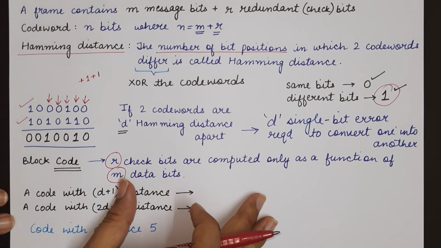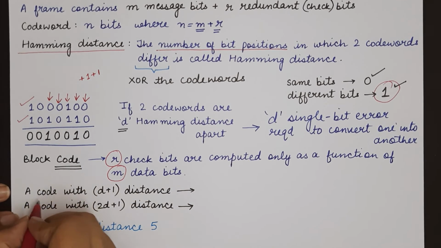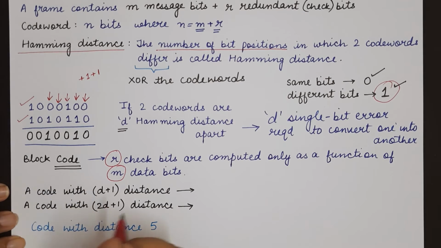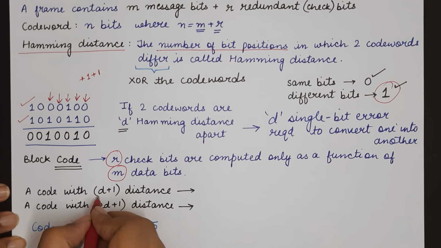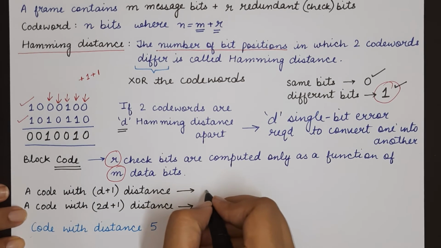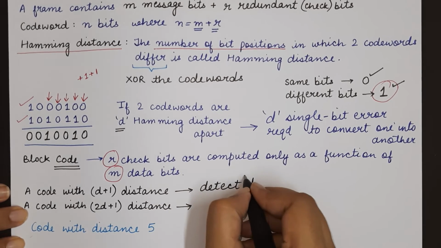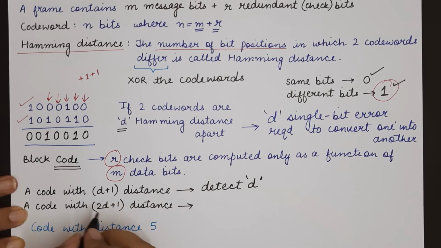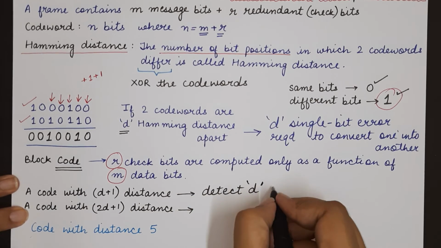Now comes a very important part that you need to remember. For any error detecting or correcting code, if the code has d+1 distance, then it will be able to detect d number of errors.